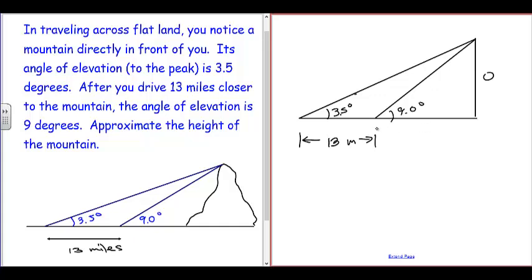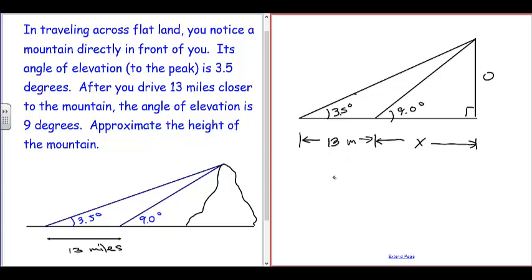So there's actually 2 unknowns here. There's also this distance, which we are going to figure out. We'll just call that x. So here's this right triangle here, the adjacent side is 13 plus x.